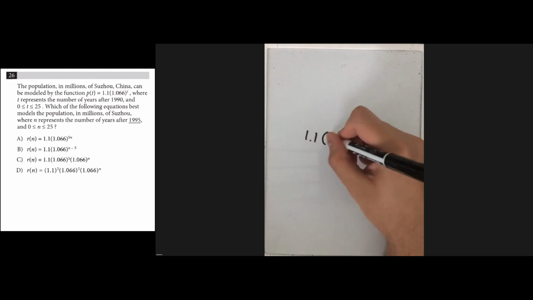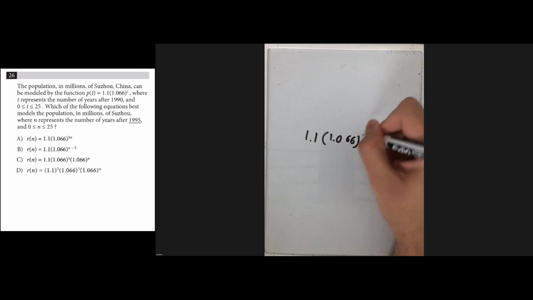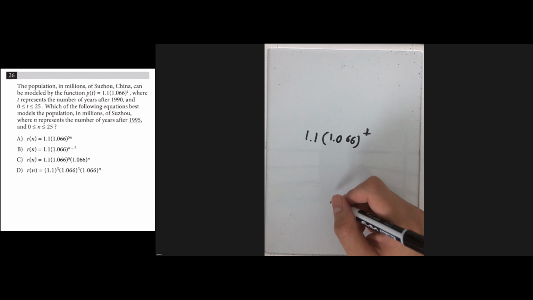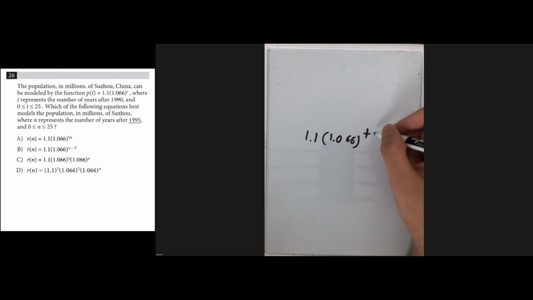We have 1.1 times 1.066 to the power of t, and that represents the population in millions, where t is the number of years after 1990. Which of the following represents the number of years after 1995? So basically, what we're doing is we're adding 5 to the time for when we're starting.